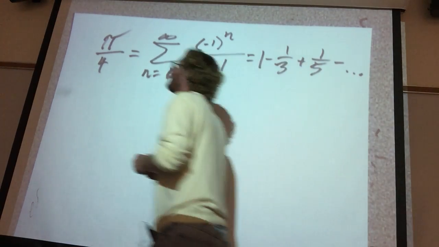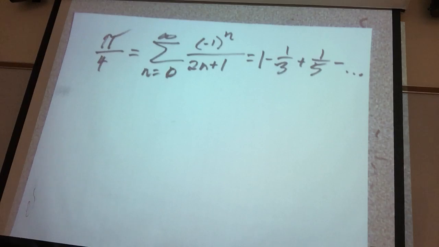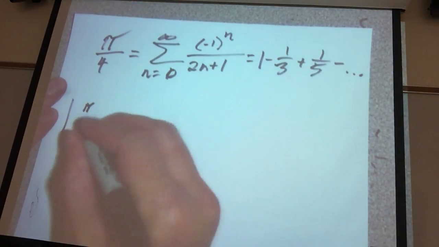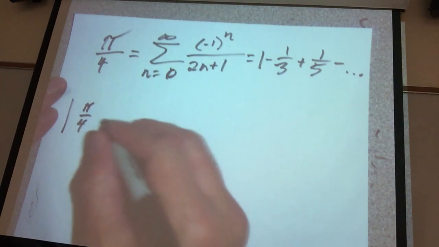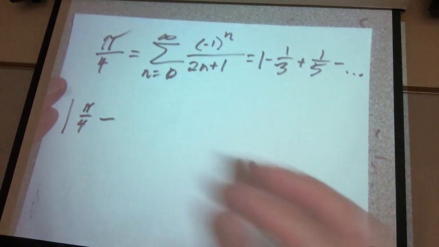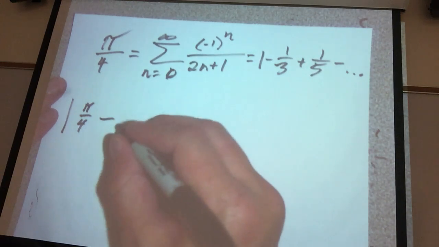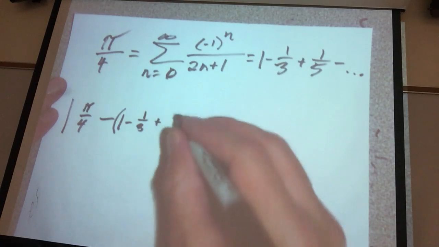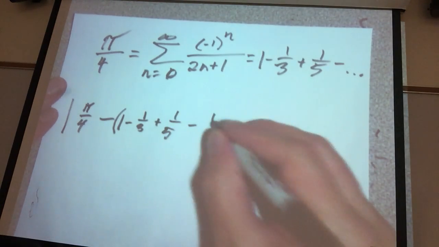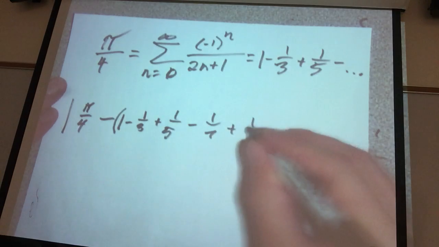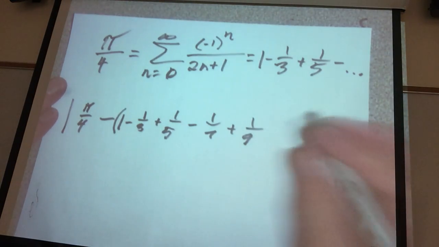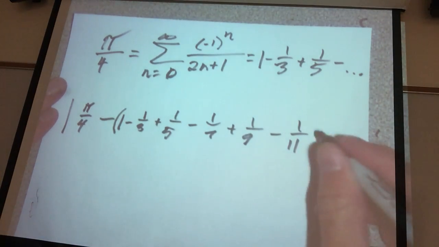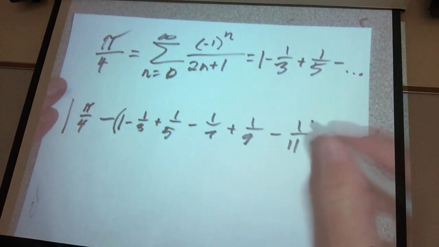Okay. Well, if I did pi over 4 minus the sum, let's say I used 1 divided by 3 plus 1 divided by 5 minus 1 divided by 7 plus 1 divided by 9 minus 1 divided by 11, and I used all of these terms, and let's cut it off right there.